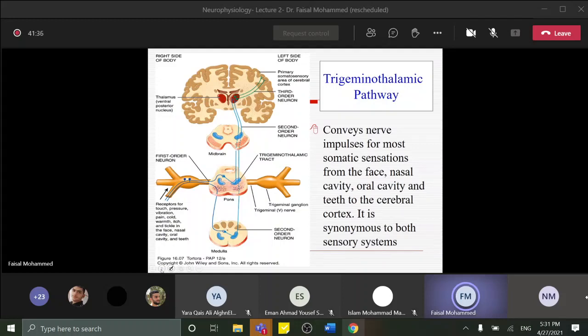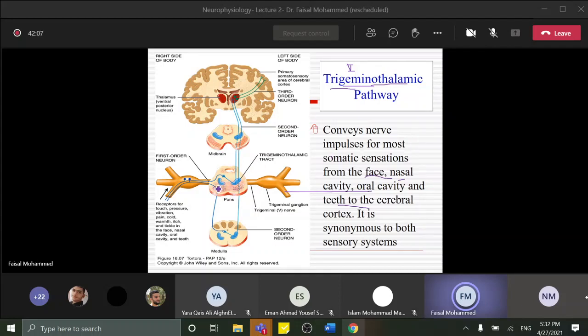Now from the head, face, nasal cavity, oral cavity, and teeth, they don't go through the other tracks, the dorsal column. They go through one track called the trigeminothalamic pathway, and trigemino refers to cranial nerve number 5, the trigeminal nerve.